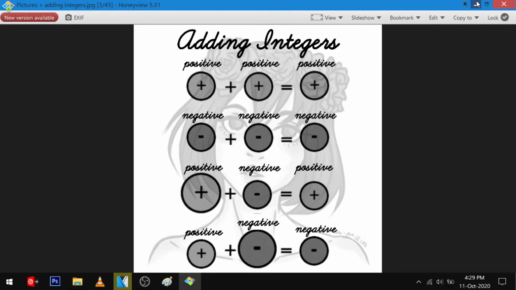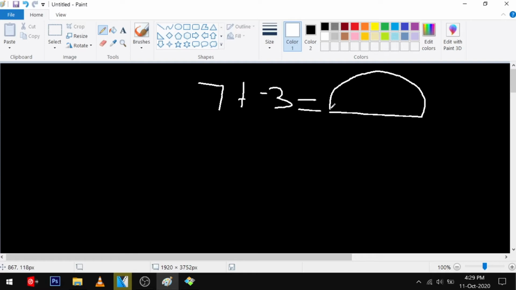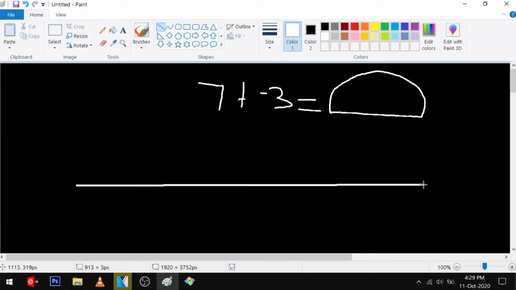So let's look at this. We have 7 plus a small negative number, a number smaller than this, -3. Now we want to know what our answer would be. And we're going to use a number line here because it's easier to understand it with the number line. Okay? So let me draw the number line again.